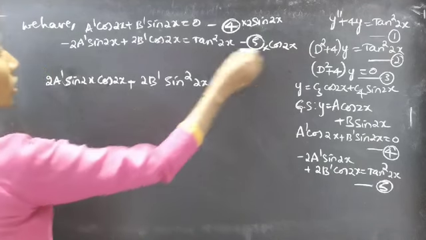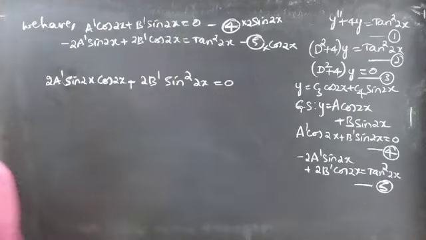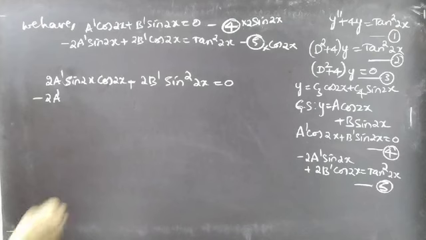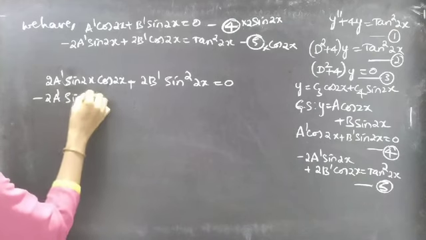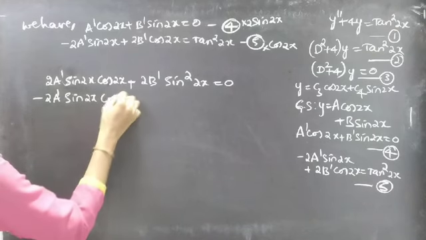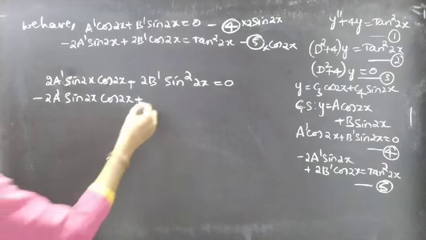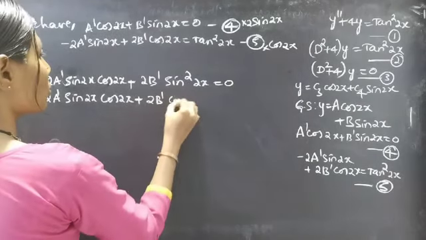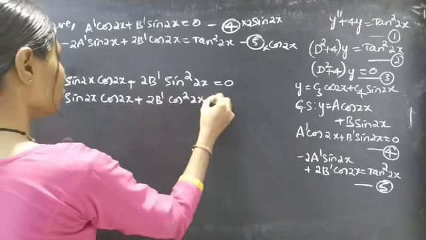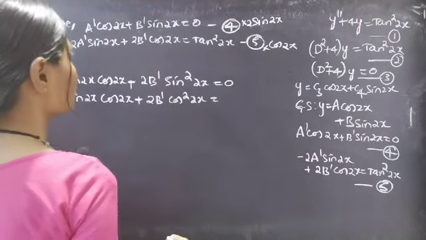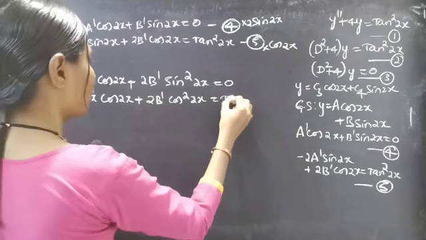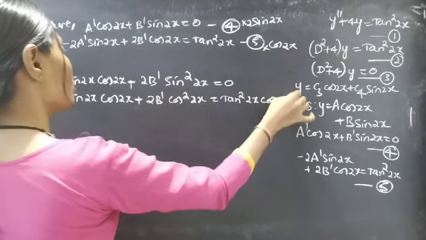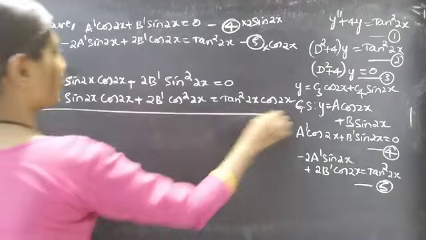Now multiply this equation with cos 2x, we'll get minus 2a' sin 2x cos 2x plus 2b' cos 2x into cos 2x, which is cos square 2x, equal to tan square 2x into cos 2x, which is tan square 2x cos 2x, right?